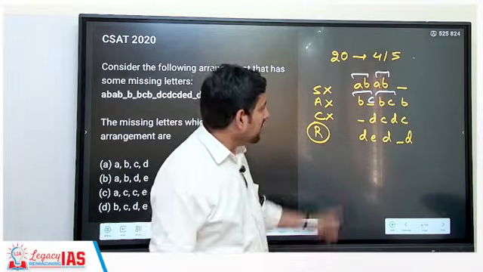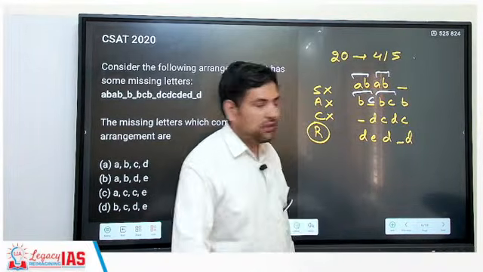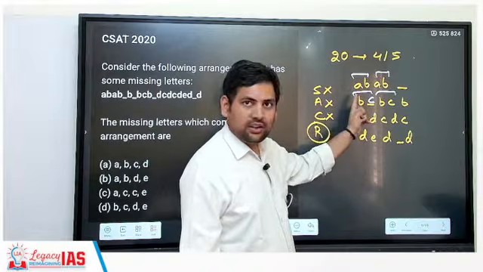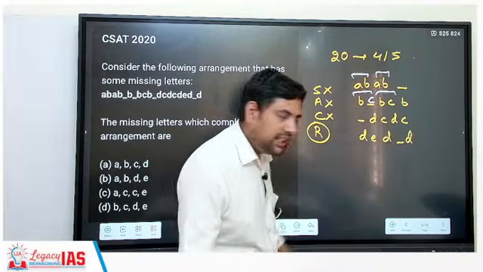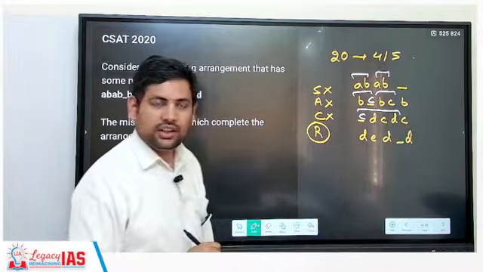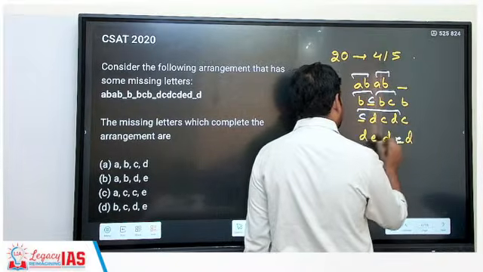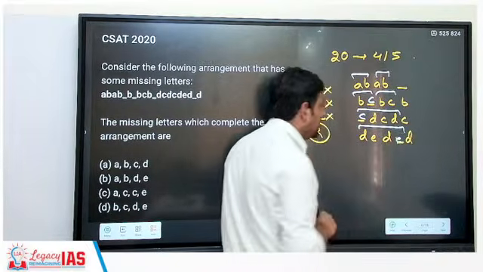People get confused here. They see DC, DC and think it's already done. But you have to follow a pattern. So it is AB, then BC. Next would be what? CD. So this is actually CD, CD. And last would be what? DE, DE.